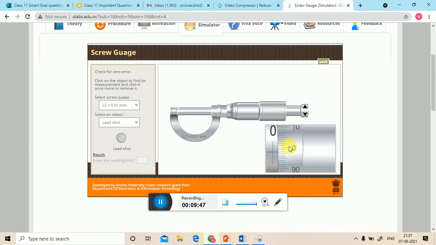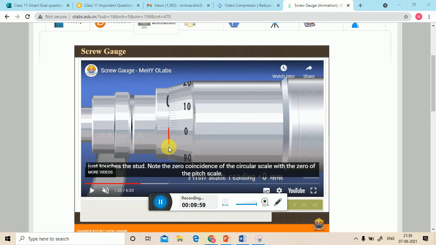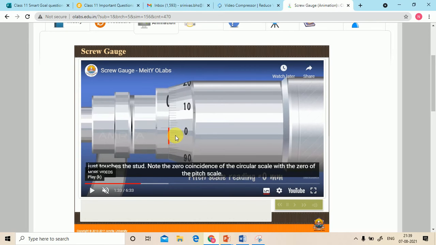If you are familiar with this correction part, then we can go with the measurement of the given object using this screw gauge. In this video, if you observe clearly, this circular scale 0 is 3 lines below this horizontal line.